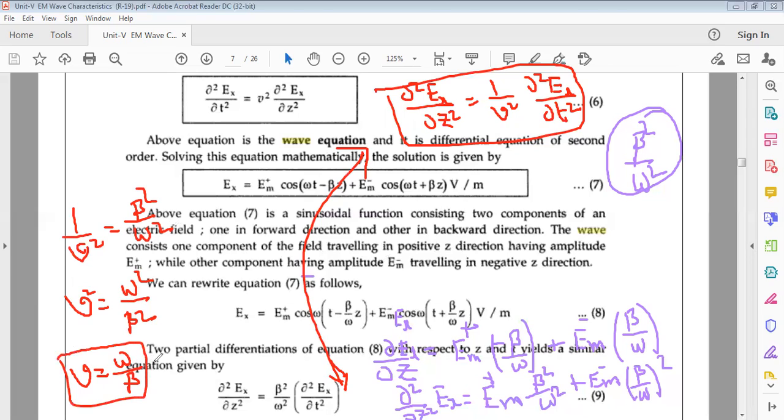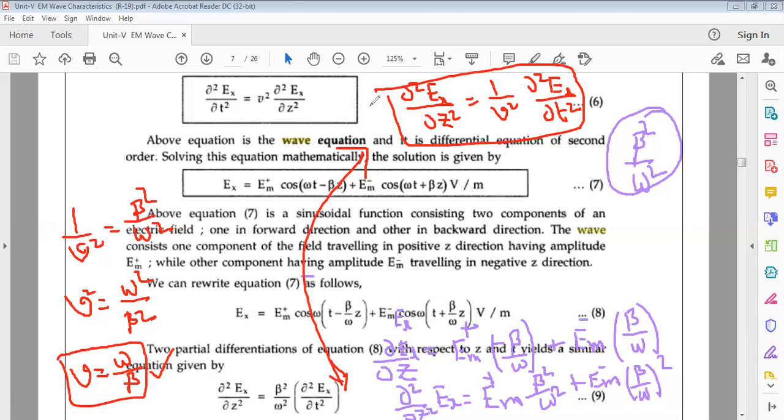Another equation: now v is equal to the wave velocity of propagation, or the wave velocity is equal to ω/β. You know, this is an equation we already derived in one of the chapters.